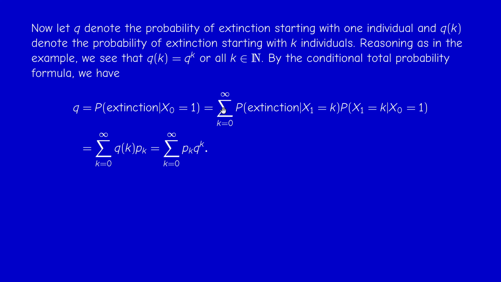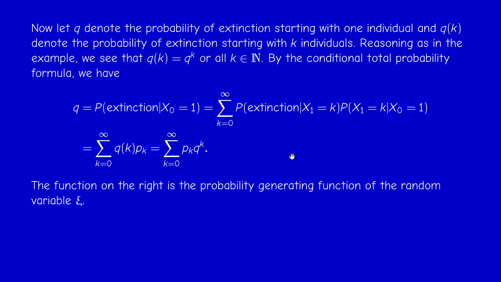By the same reasoning, instead of a polynomial, we have a power series in Q with coefficients pk, which are probabilities. So Q satisfies an equation. If I call this phi of Q, my unknown probability satisfies the equation Q equal phi of Q.